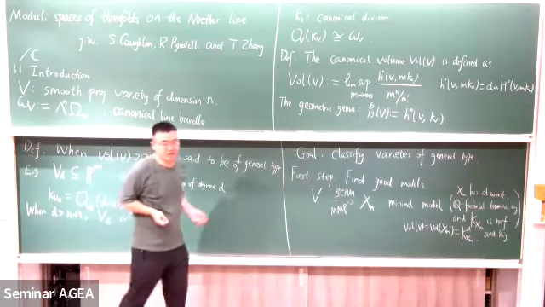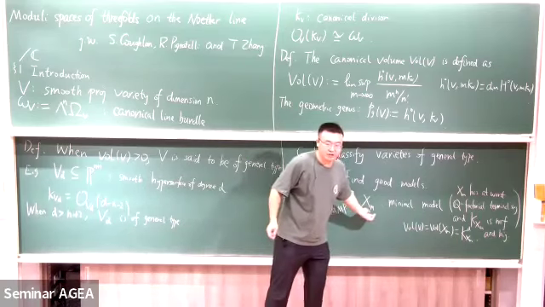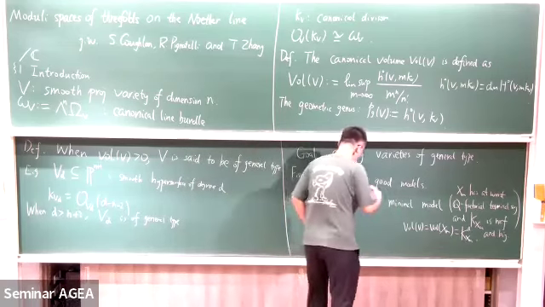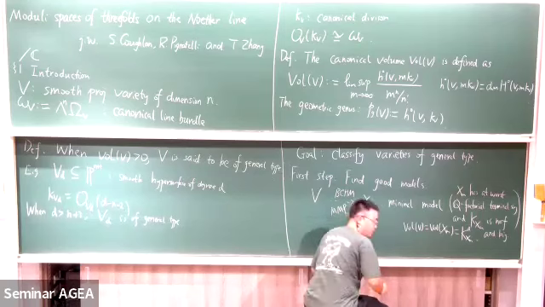If the dimension is larger than or equal to 3, the minimal model is not unique because of the existence of flops. But you can contract something and get the so-called canonical model.